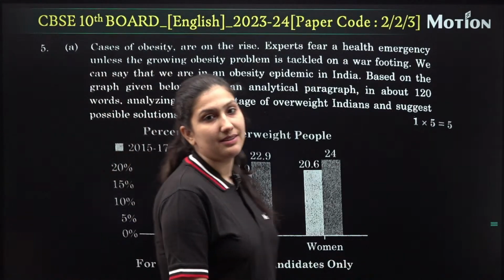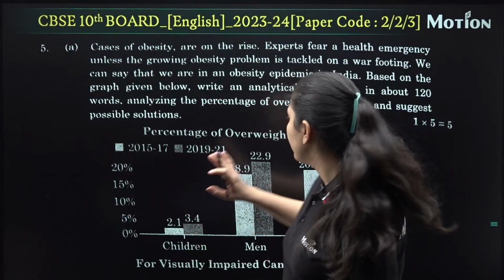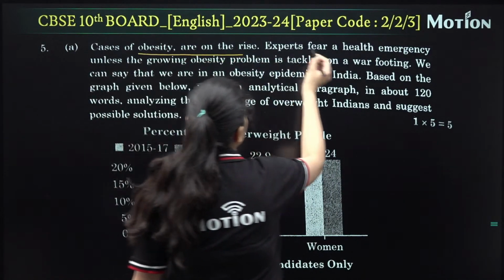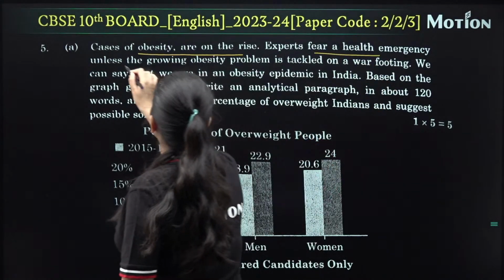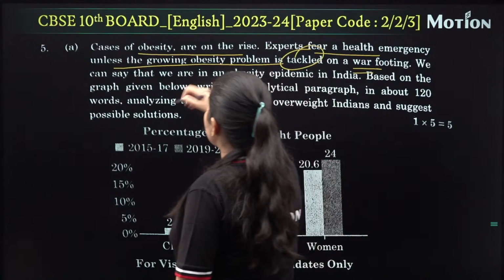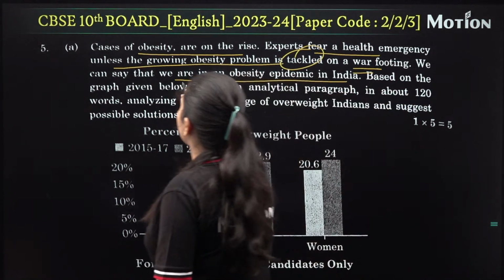Alright, so next, I told you about the letter, and one more thing is the analytical paragraph. Cases of obesity are on the rise. Experts fear a health emergency unless the growing obesity problem is tackled on a war footing. We can say that we are in an obesity epidemic in India, based on the graph given below.